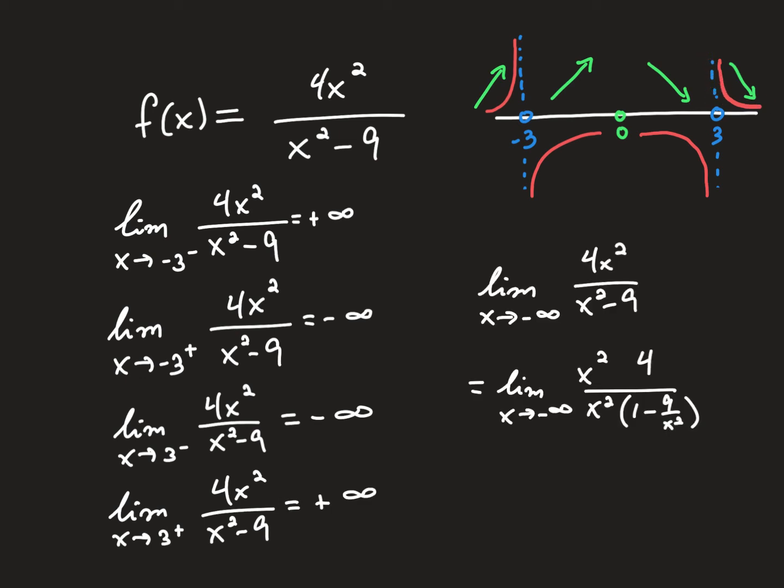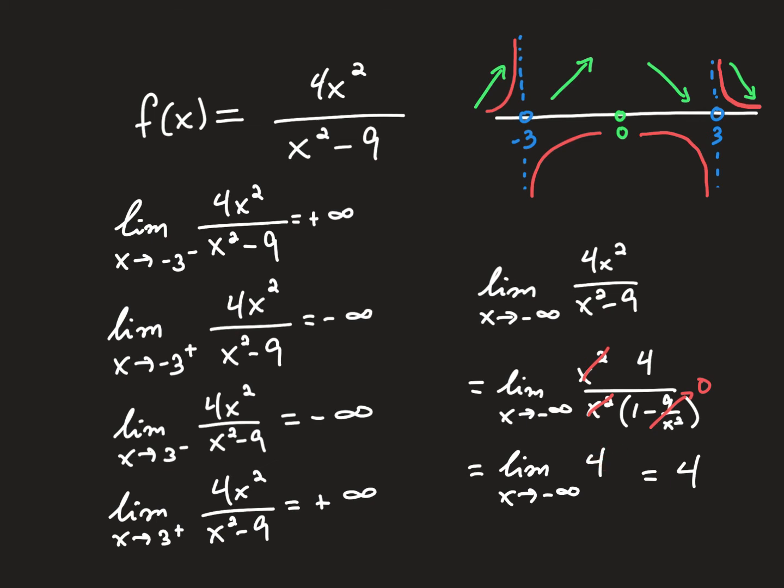Now, if I want to do my analysis as x approaches negative infinity, I'll factor out the x squared from the top, I'll factor out an x squared from the bottom, and then x is approaching a very large negative number, but still a large number, so the x squareds are going to cancel. And the 9 over x squared is going to go to 0. So the only thing that's left is the 4. And as x goes to minus infinity, there's no x in here.